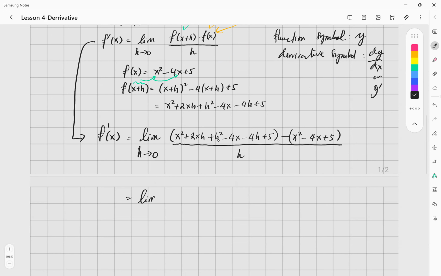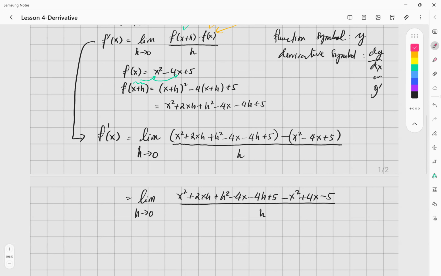Okay, so limit as h approaches 0. We can just write everything out: x squared plus 2xh plus h squared minus 4x minus 4h plus 5, so negative x squared plus 4x minus 5, distributing the negative, negative times negative is positive, all divided by h.